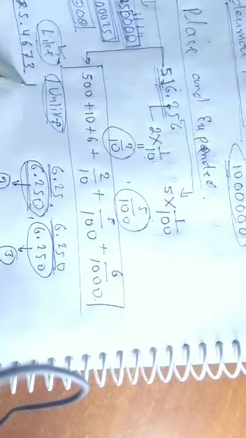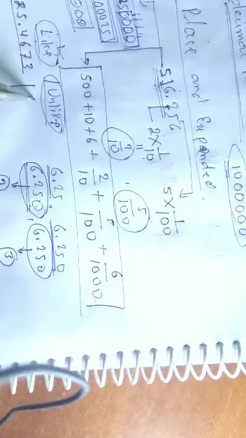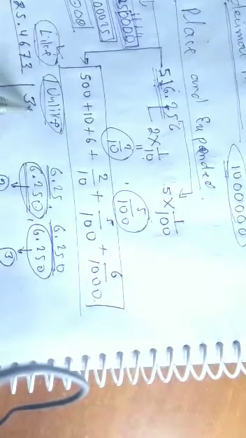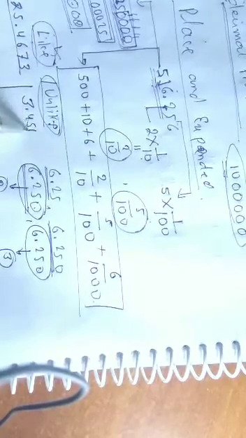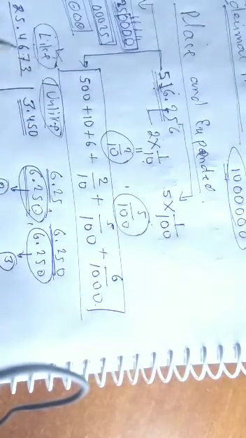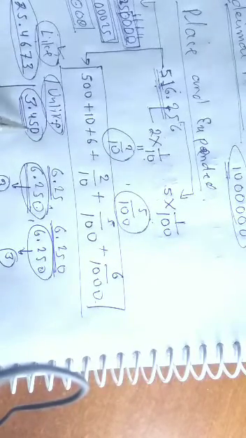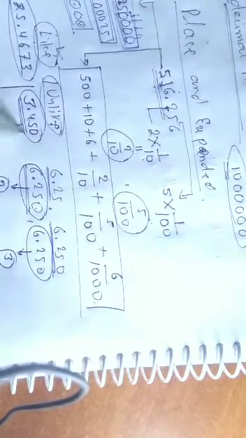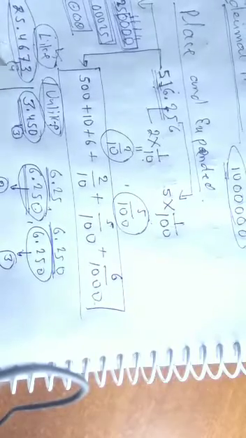Suppose this is 25.4673 and another decimal number is 3.450. These are unlike decimals because one has 3 decimal places and the other has 4 decimal places.